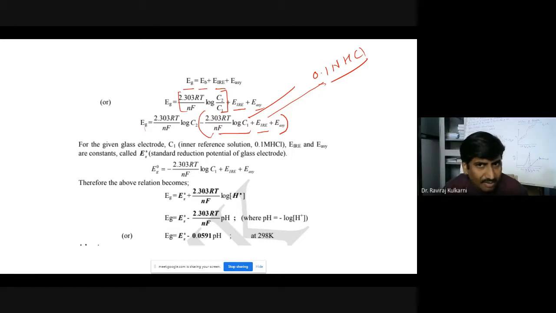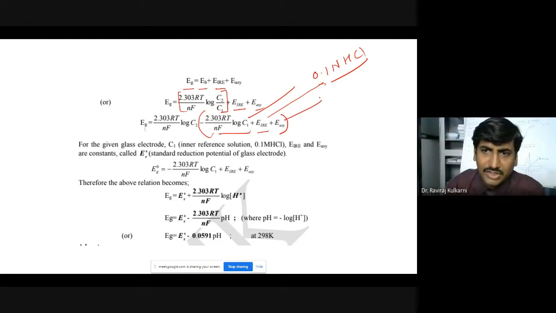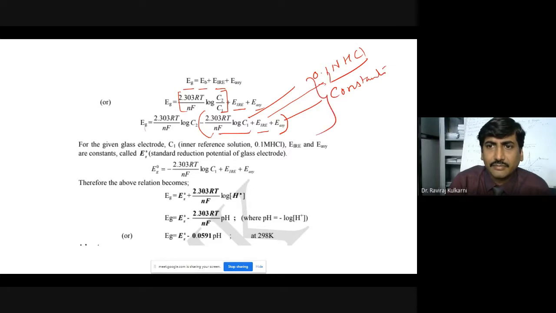You might have written down earlier. Okay, it's a constant anyway, right? And asymmetric potential, okay, if you are using one when you develop an electrode, its geometry will remain same, so it's also a constant. All the three are constants.